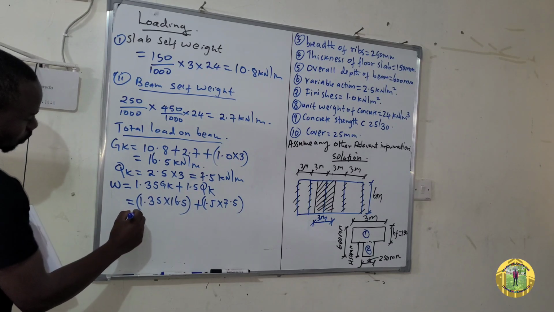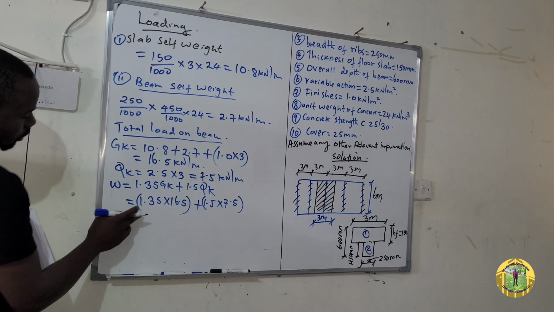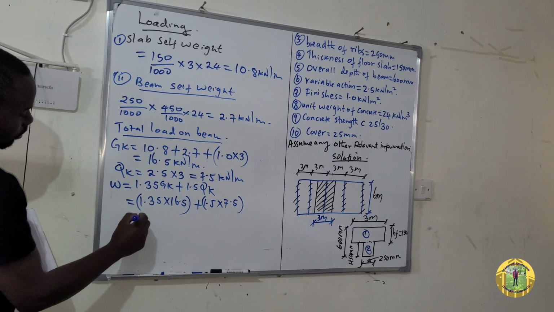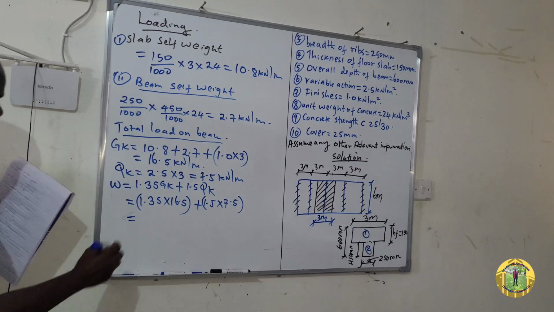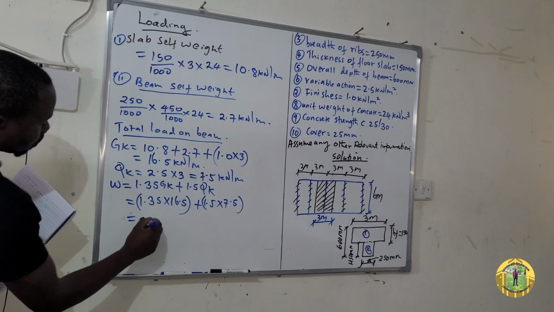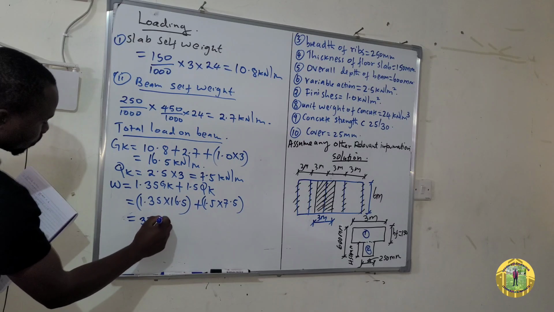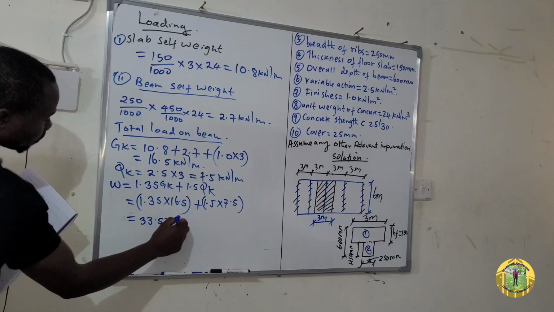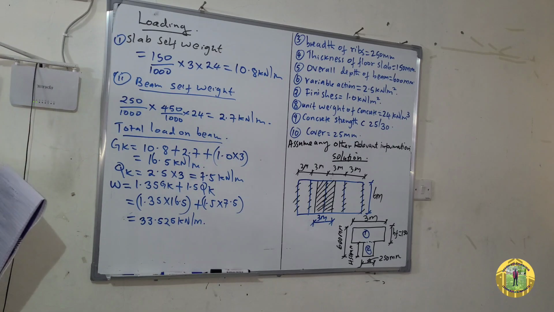If you carry out the operation, you will get W is equal to 33.525 kilonewton per meter. So that is the design load on the beam.